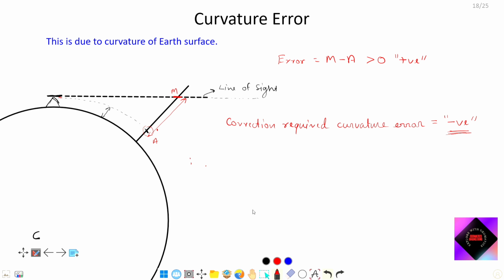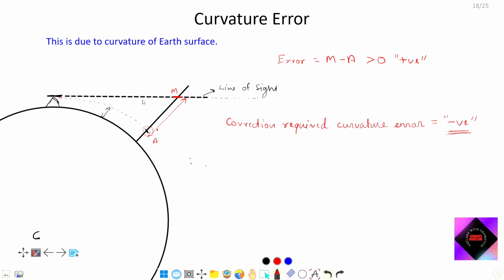I am again repeating curvature error. This is the error due to curvature of the earth. Our line of sight is horizontal in actual, but we required a curved line of sight so that it represents the actual elevation of all the points. But we are not able to establish a curved line of sight.